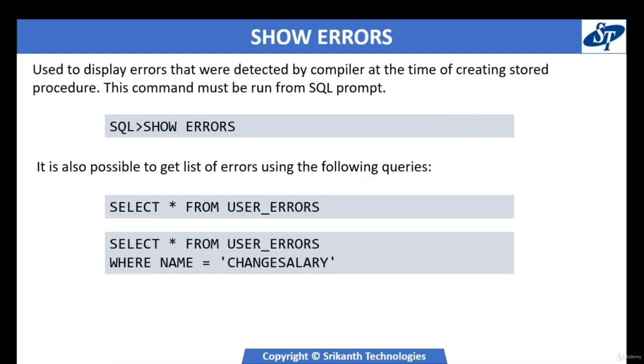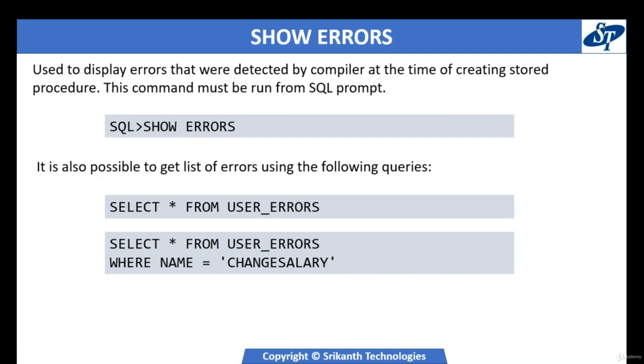And then what if you don't succeed in creating the procedure? What if there are some syntax errors? The first thing you can do is use show errors. By using show errors, you can display all the errors. This is the case if you are using SQL Plus. But I strongly recommend you use SQL Developer if you're creating more procedures because that's a more sophisticated environment.